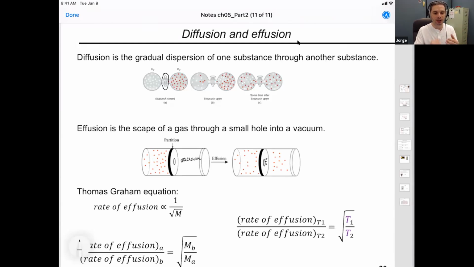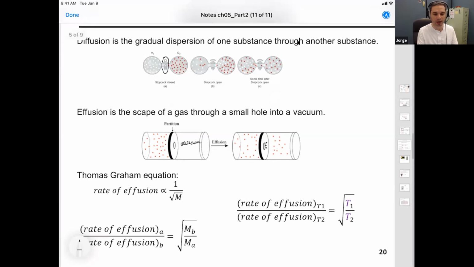The speed in which the molecules move to fill up the empty space, that can be calculated, and I will not get into many details here, but we can use the Thomas Graham equation for calculating the rate of effusion, and that's proportional to the inverse of the molecular mass of the compound.